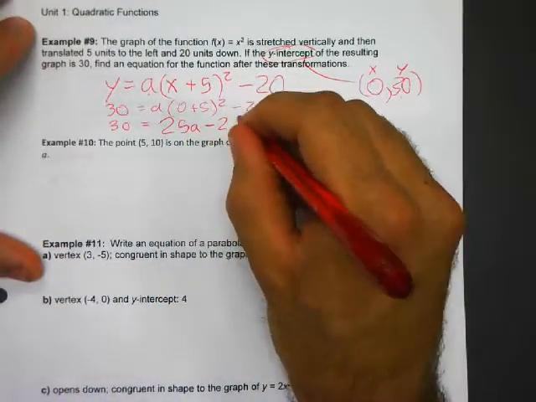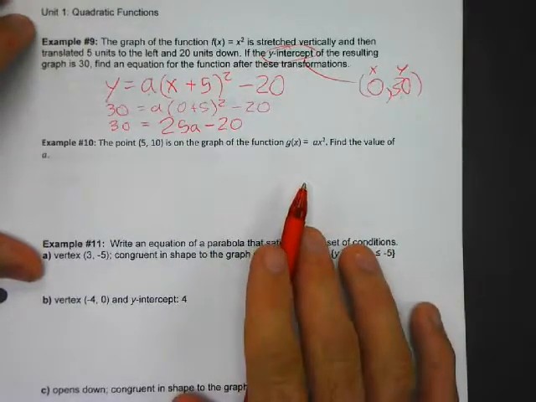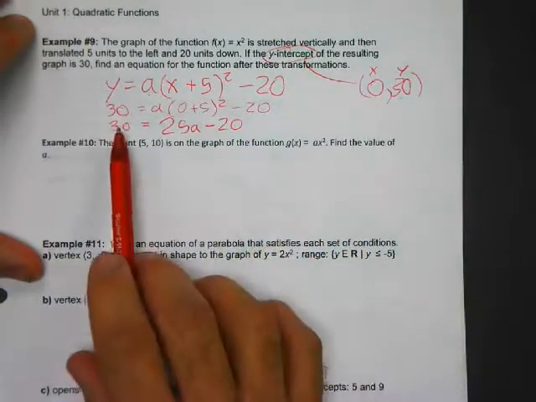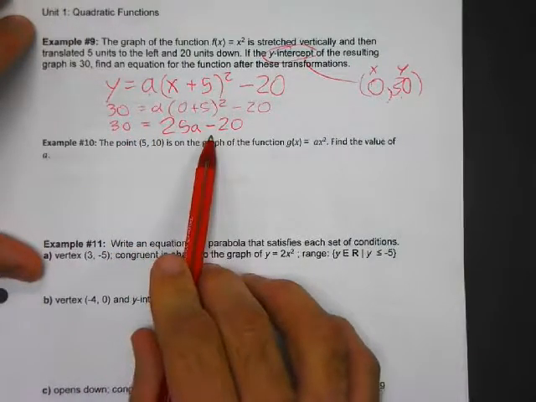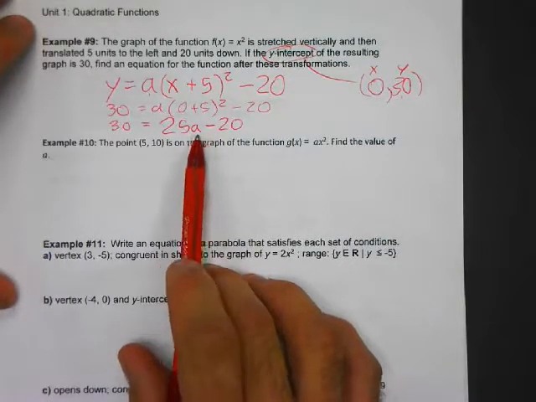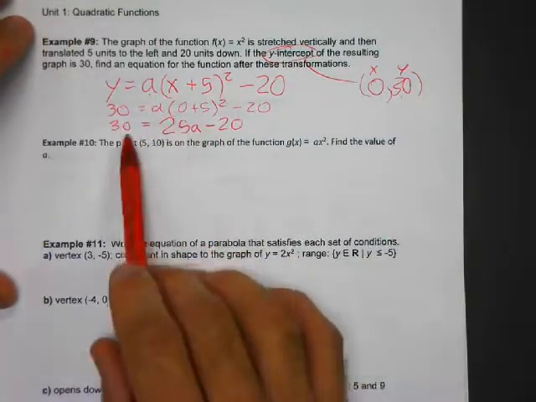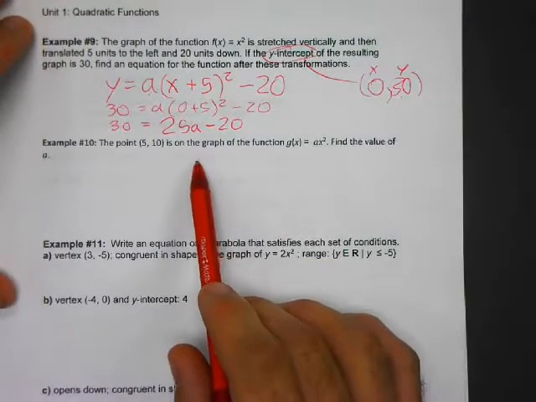minus 20. Please don't let me see the following on the test. I know I usually see one: I get 30 equals 5a, and then I get a equals 6. The mistake there would be thinking 25a and 20 happen to be like terms. Well, they're not. So what do we do?